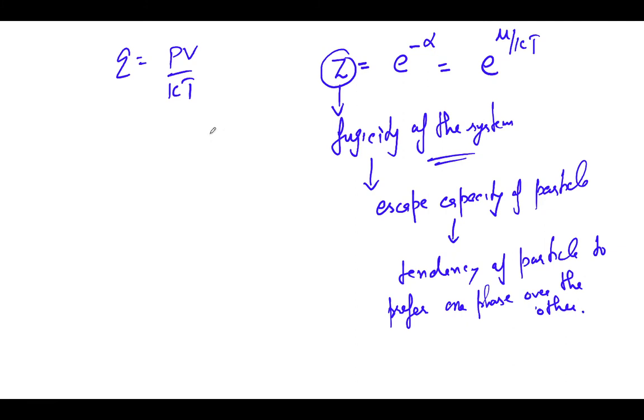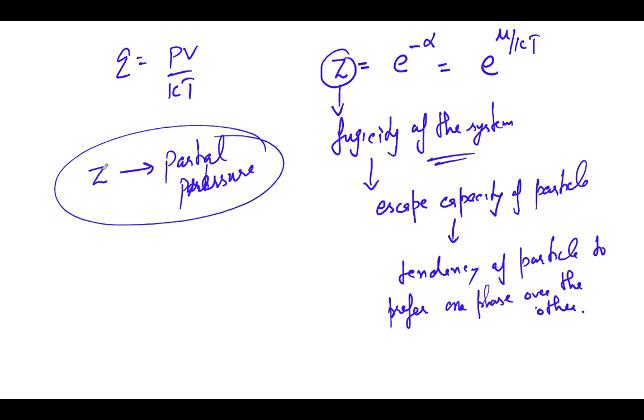For ideal gases, this fugacity term is generally related with the partial pressure of the gases. For a large system where the pressure is very high and changing quite frequently, we introduce this fugacity.